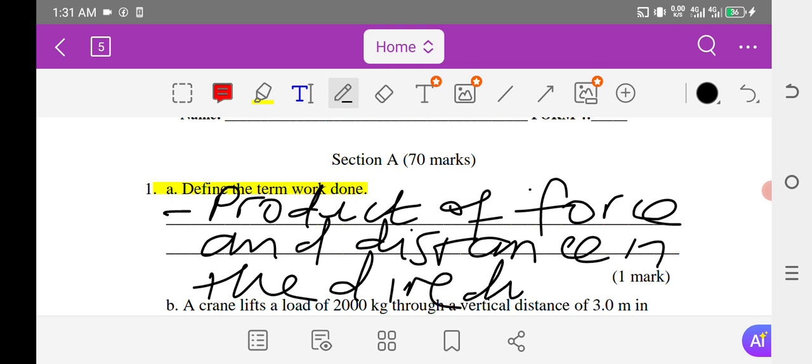In the direction of force. That's the formal definition of work done.